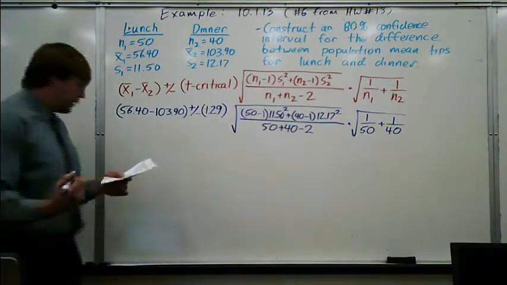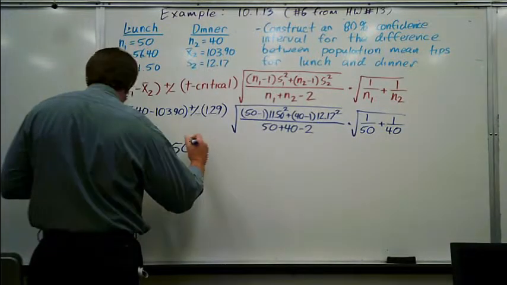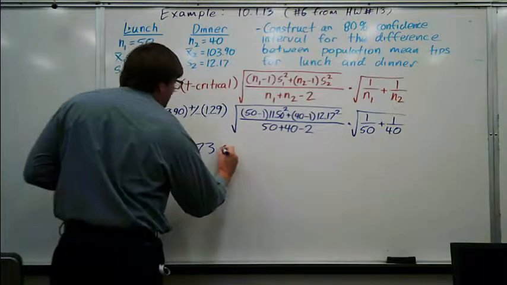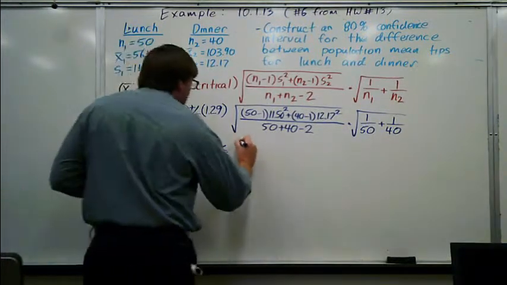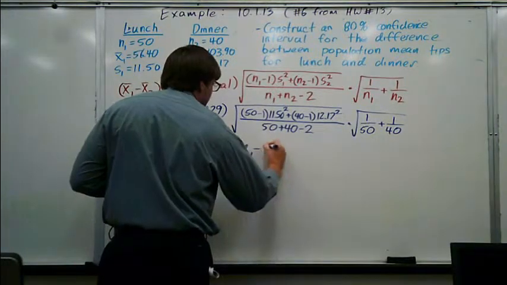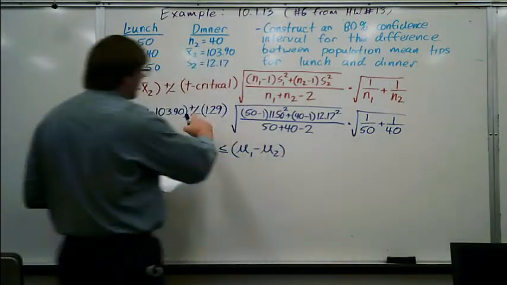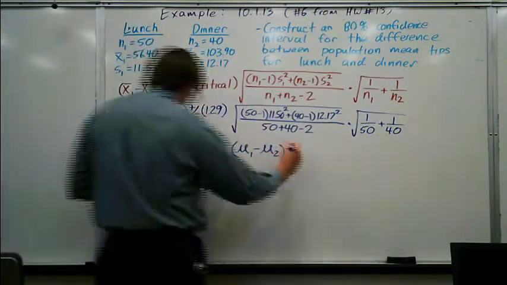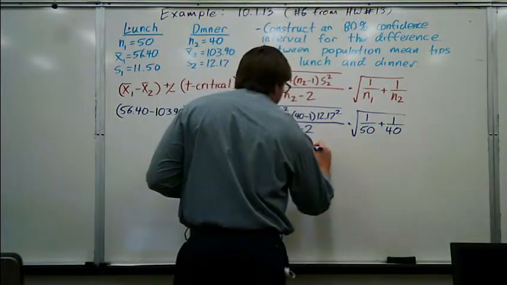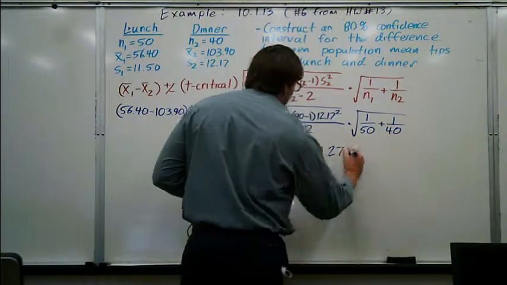So first off, when I subtracted, I got negative 50.73. And of course, that's going to be less than or equal to the difference between the population means. And then when I added this value, we got our upper bound, and that came out to negative 44.27.